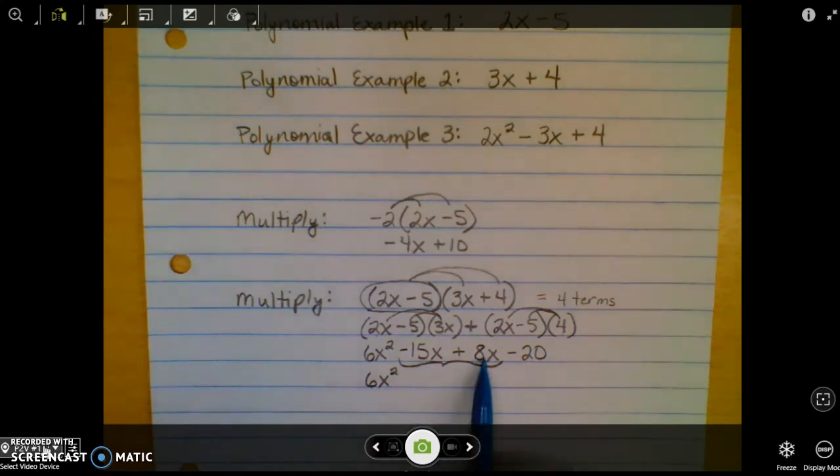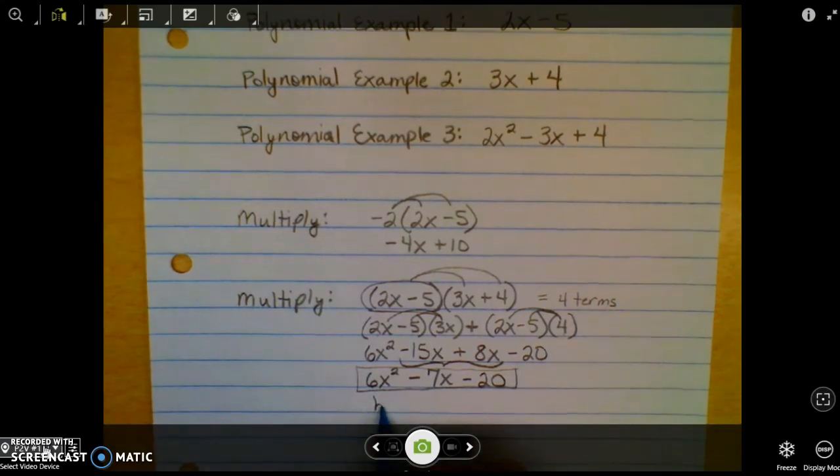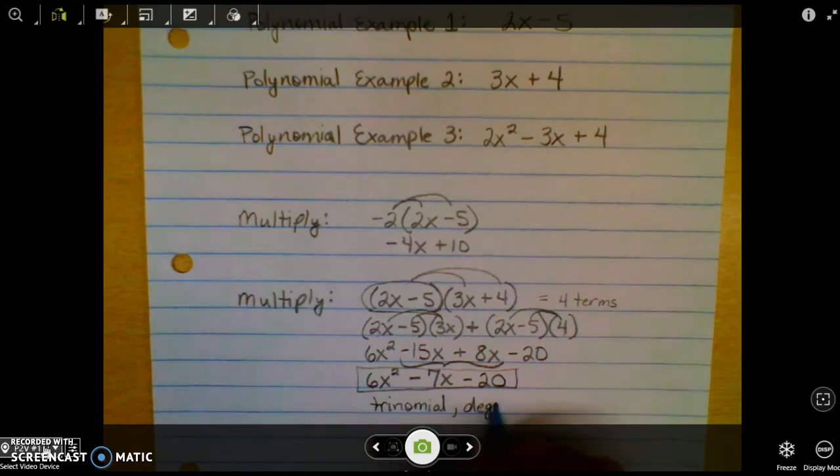So negative 15 plus 8, that would give me negative 7 of that term, minus 20. So here is my final expression. It is a trinomial, degree 2.